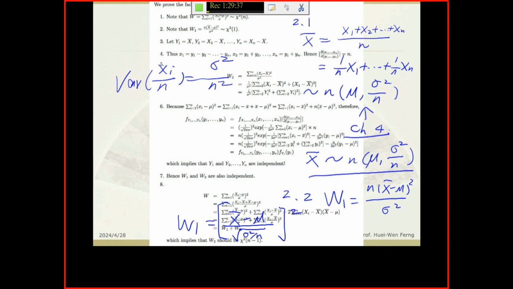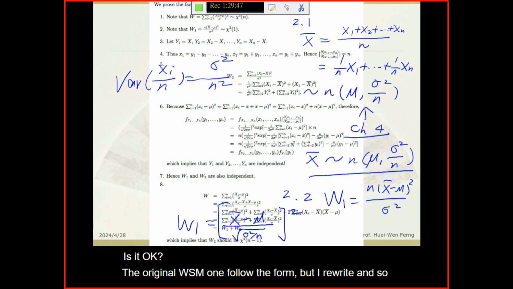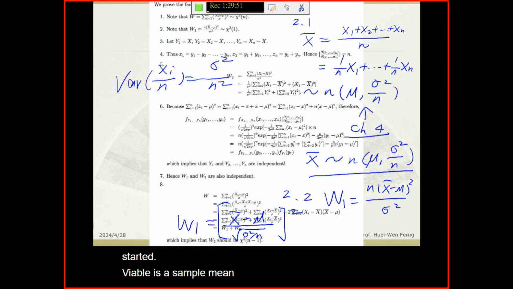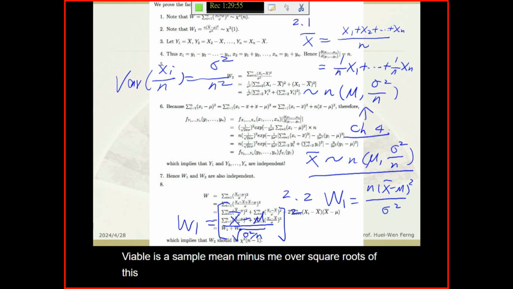Is it okay? The original W1 follows the form I rewrote. And so that variable is the sample mean minus the mean over the square root of this. And in fact, it's normal with the mean and variance here.